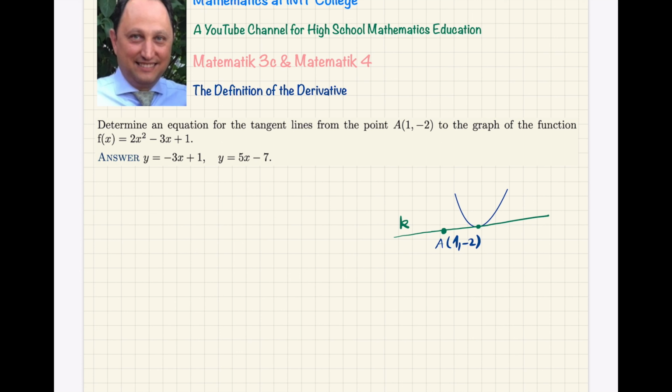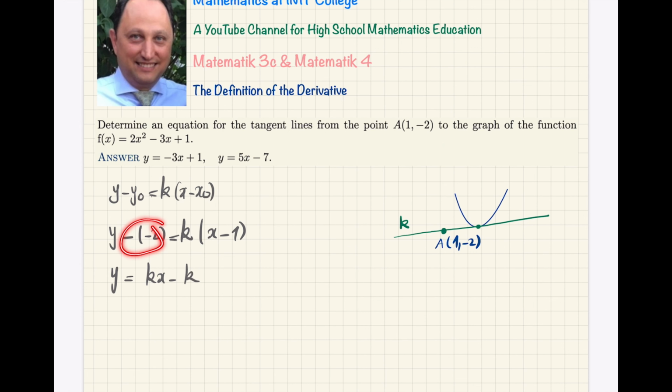According to the formula y minus y naught equals k times x minus x naught, we can write an equation for those lines. So it becomes y minus (-2) equals k times (x minus 1). If I simplify that, it becomes kx minus k. I am multiplying this k. This becomes positive 2. I move it to the other side, it becomes negative 2.